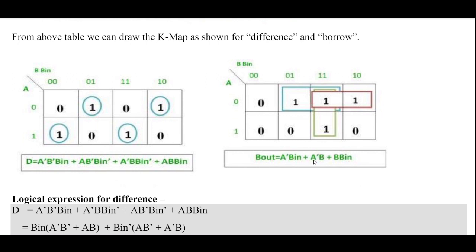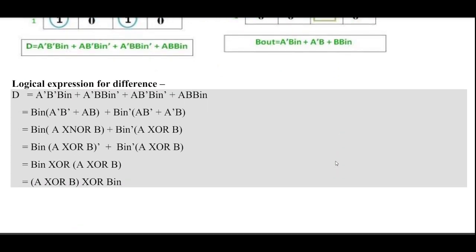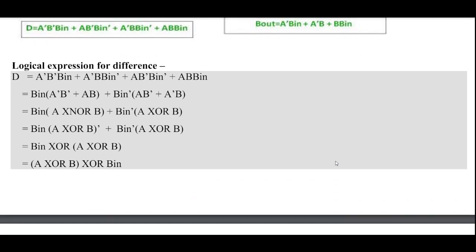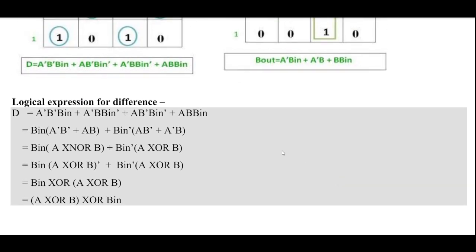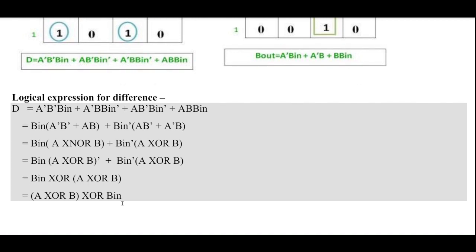And for the output we get A XOR B, then A XOR C, meaning this B in is C, A XOR B in, then A XOR B and B in. This is just a logical expression. As I said, for D you can construct it as A XOR B XOR C, A XOR B XOR B in.